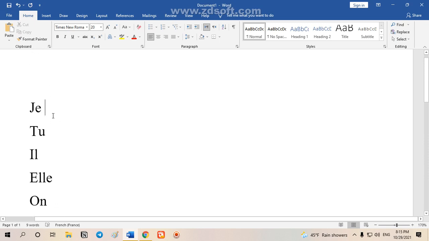Then we conjugated a really important verb. Why is it important? Because you can make so many different sentences using adjectives, professions, nationalities, everything with only one conjugation of the verb.